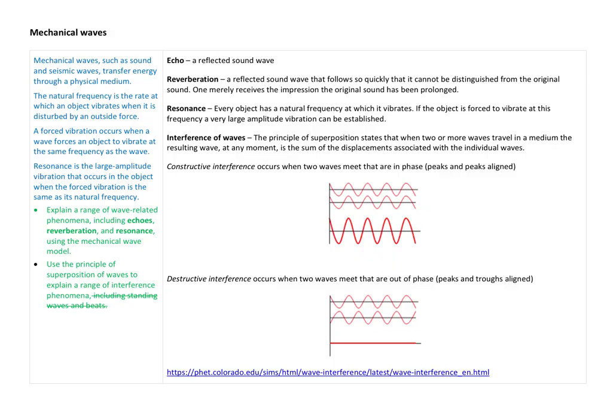So, a mechanical wave is just a wave that requires a medium to travel through. So it travels through something by making the particles that make it up vibrate.